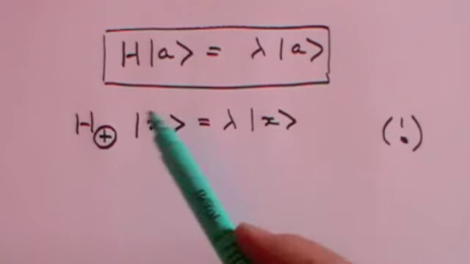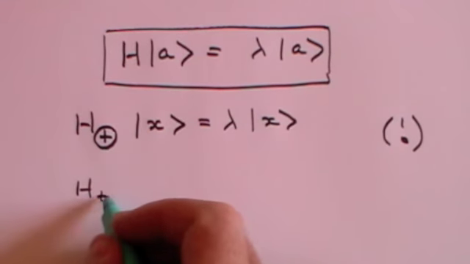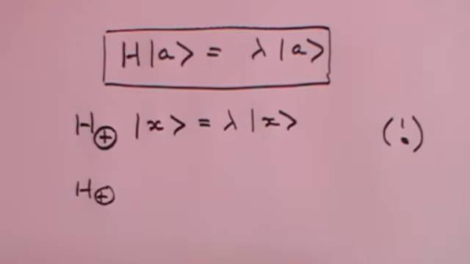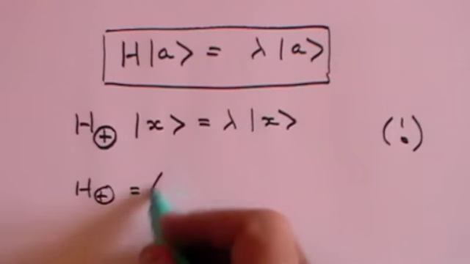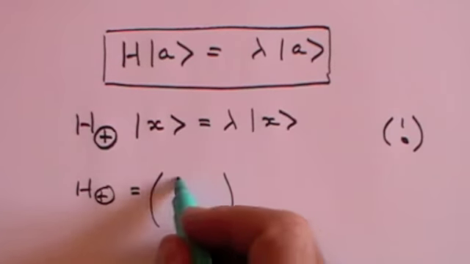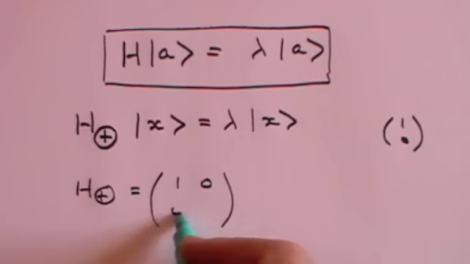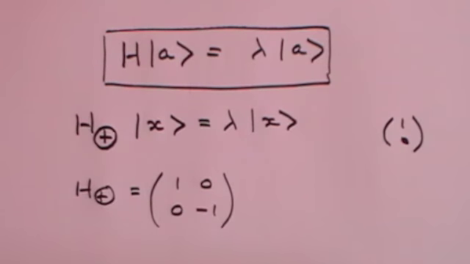For the time being, I'm just going to tell you that we can represent this Hermitian matrix, which is the operator or the measurable, as a 2 by 2 matrix, and it couldn't be simpler. Well, I suppose it could, but not by much. That is the Hermitian matrix, which is the vertical or horizontal measurement.